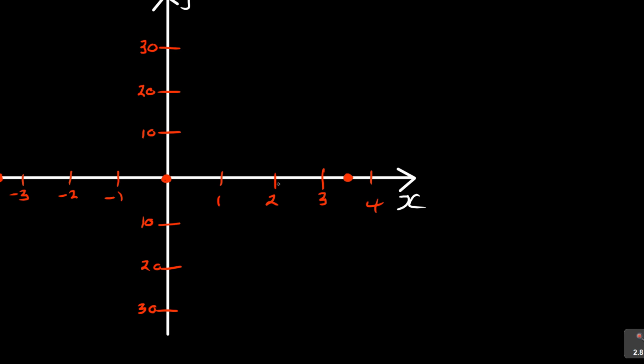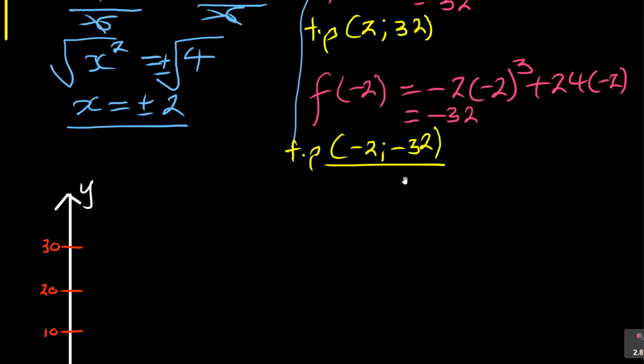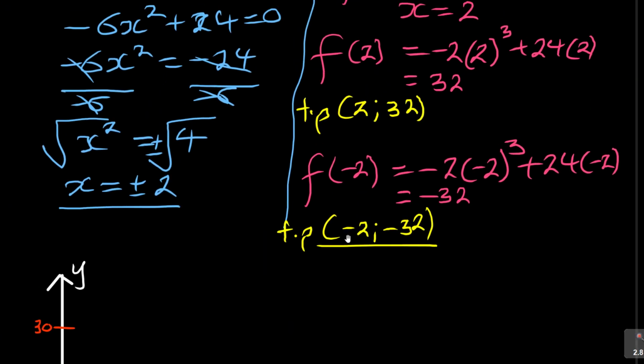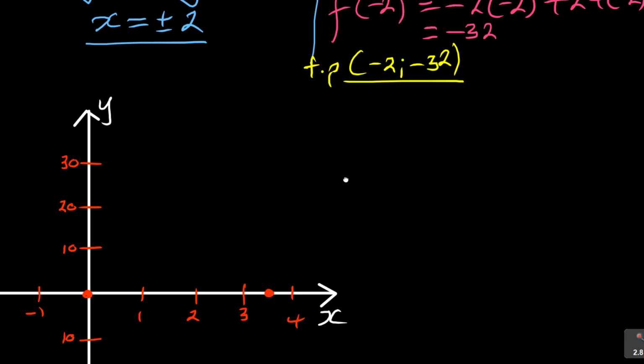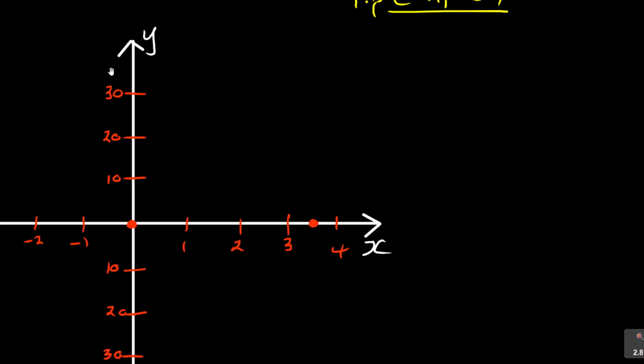Let's look at this point here. I think there is a point somewhere there. That's our turning point. I'll make it yellow. This is a turning point. The other one, it was what? 2, 32, and then it's minus. Actually, this is wrong. It says when x is 2, y is 32. I was supposed to draw it up. When x is 2, y is 32.